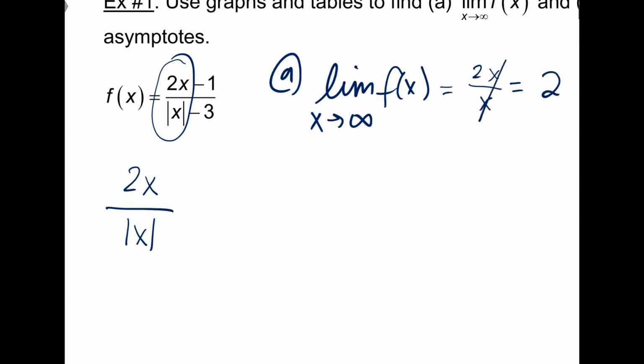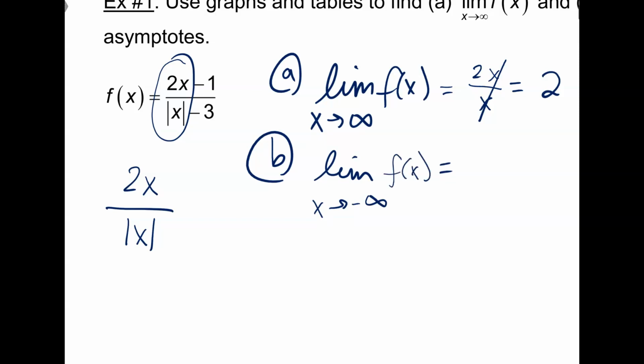So that cancels out, and I see the limit's 2. Versus B, I'm approaching negative infinity. So the reason I'm trying to be very clear with my absolute value is absolute value tells you your distance away from 0, and distance can never be negative. Okay, so now if I have 2, and this is now going to be a negative x, because we're going to negative infinity.